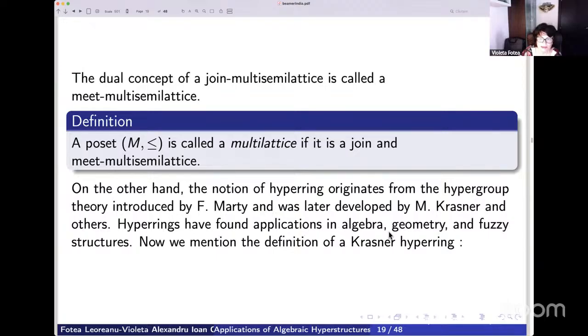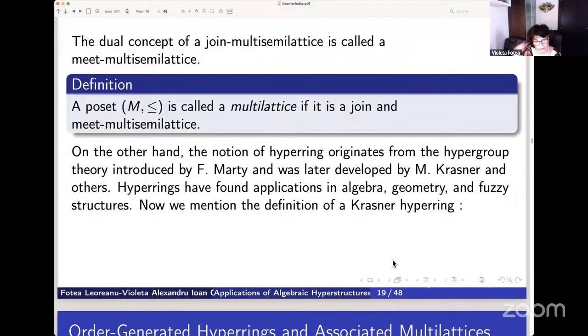They have many applications in algebra, geometry, and fuzzy structures. My most recent book about hyperrings is called just Krasner Hyperrings. It was written with Professor Davvaz in 2024.